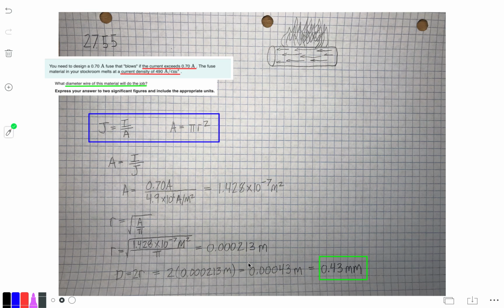And we're left with this value here in meters, but for the sake of simplicity, we can go ahead and convert this to millimeters. And in our case, the diameter of wire that would cause the fuse to blow given our conditions would be 0.43 millimeters.